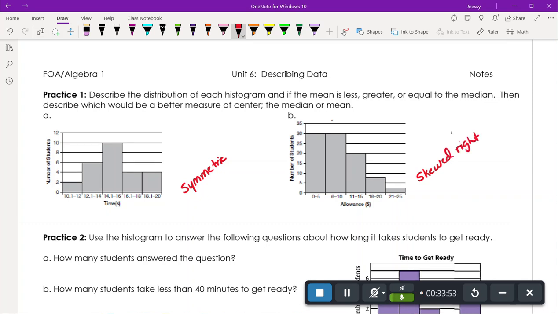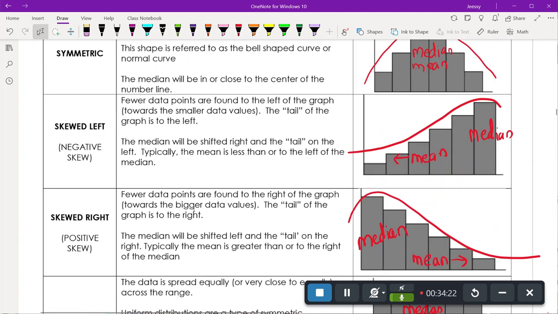Okay. Now, is the mean less, greater, or equal to the median? When you're symmetric, is the mean less than, greater than, or equal to the median? Are you guys taking notes?